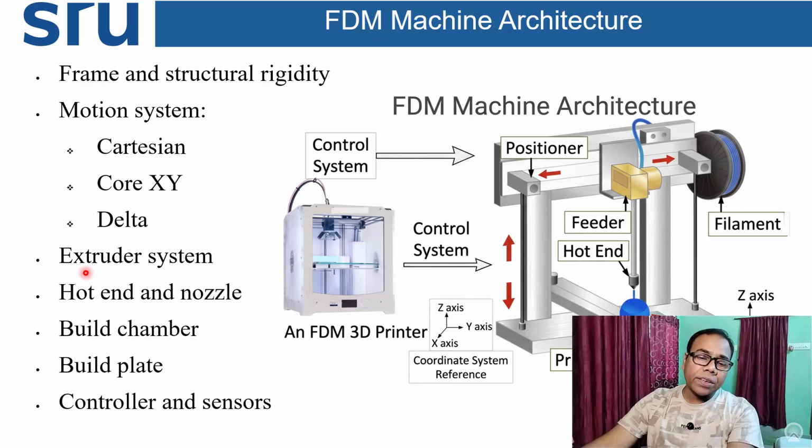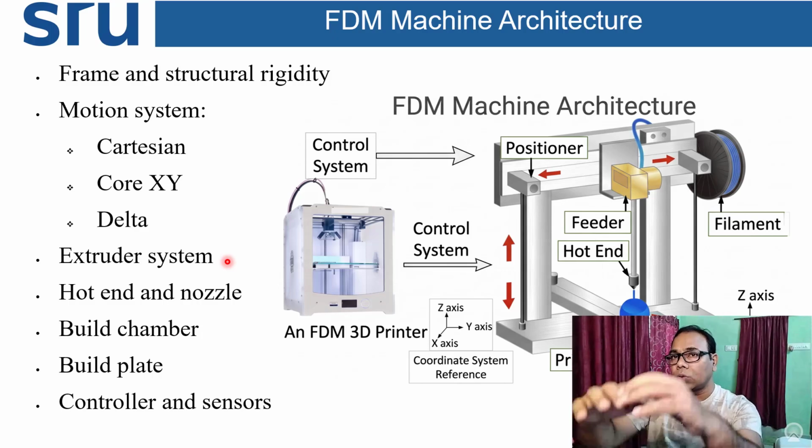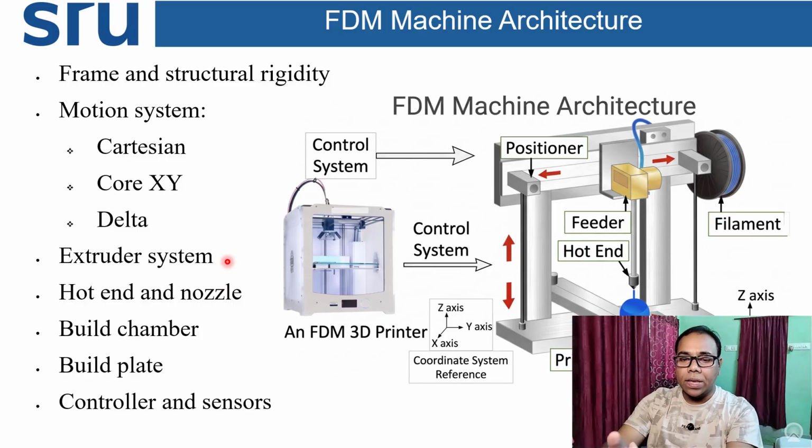Now coming to the extruder system, which refers to the printing head. In that printing head, solid wire filament comes in from one end and liquid material comes out from the other end. So the entire system is called the extruder system.